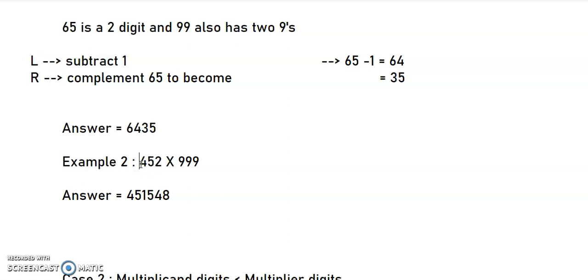See, 9 minus 4 is 5, 9 minus 5 is 4, 10 minus 2 is 8. This is the technique.